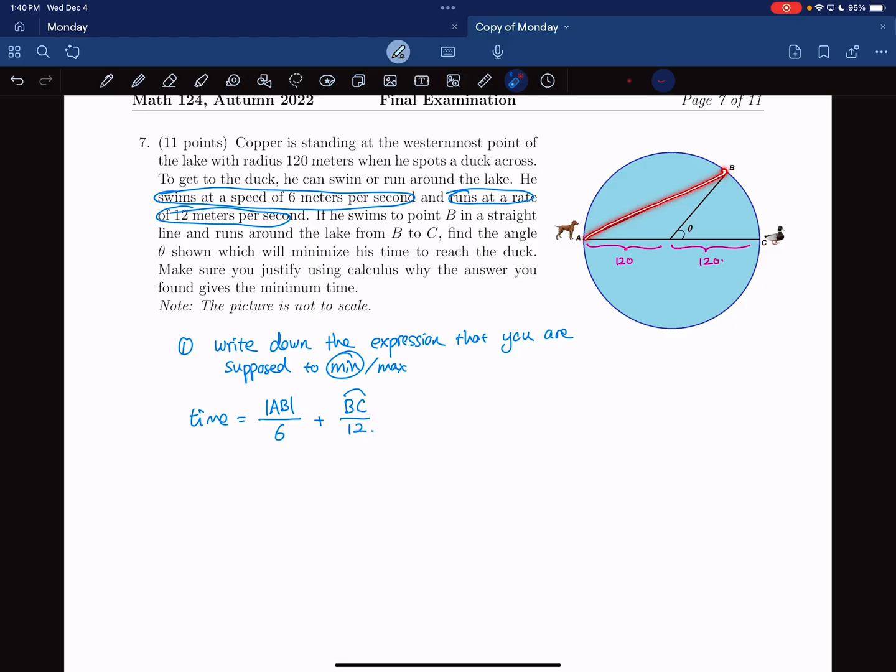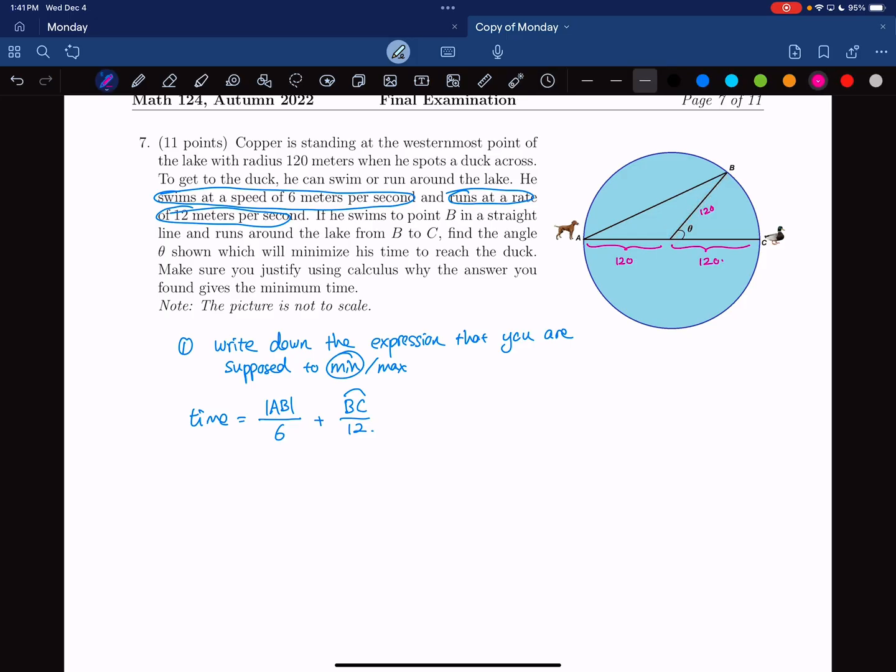Now, AB is part of a triangle, right? This is A, B, and the center. I want to figure out some stuff about the triangle. What are the side lengths and what are the angles? One side length I labeled as 120. I claim this length is also 120 because that's also the radius.